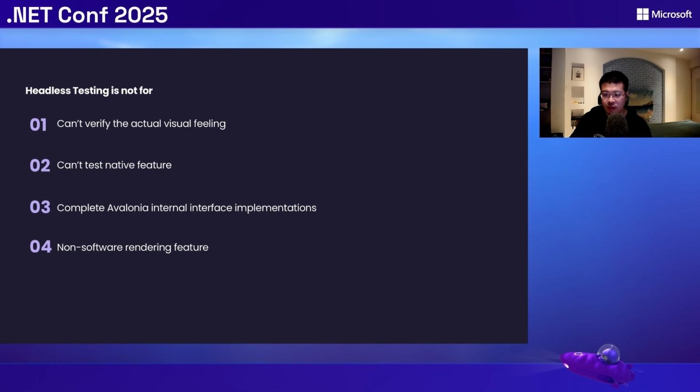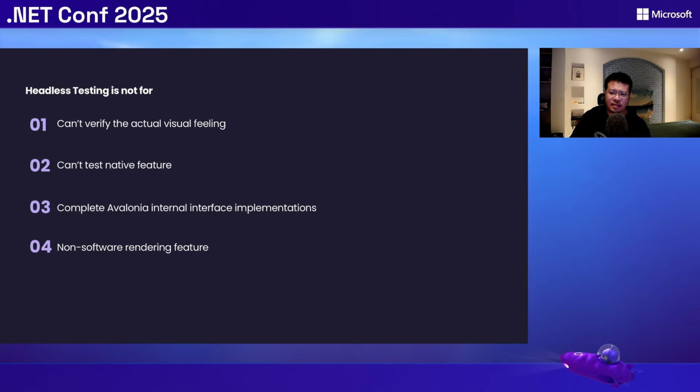For example, if we do not include Skia, all test glyphs are monospaced with no ligature, no glyph offset. So if you want to test some edge cases with unusual font layouts, then regular headless testing won't work. You need to integrate Skia, as I mentioned before, to do the calculation of glyphs with HarfBuzz.